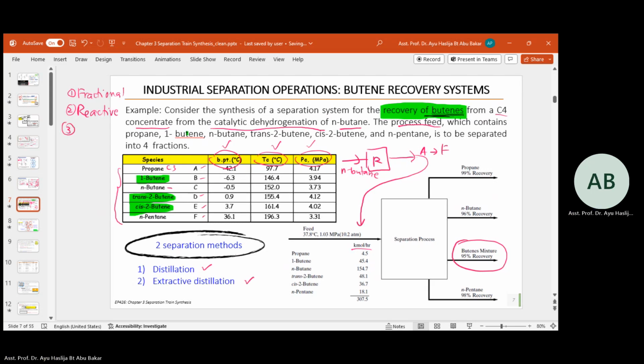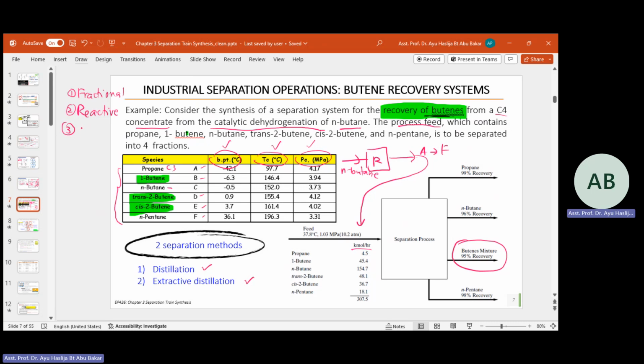Others? How about others? PSA. What does PSA stand for? Pressure swing adsorption.